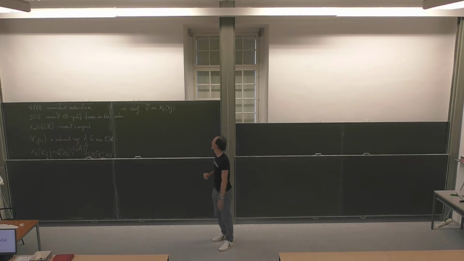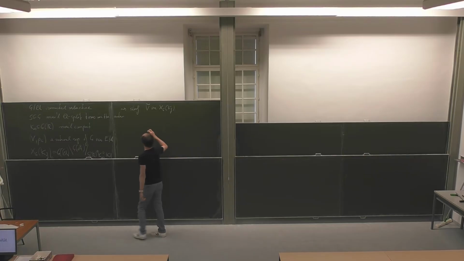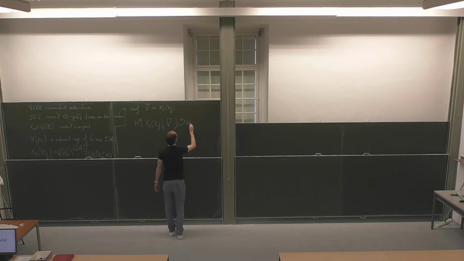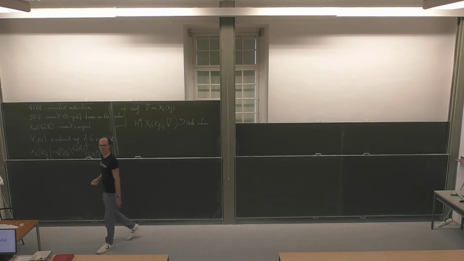And one reason is we are usually working with the cohomology of these spaces. That's why these sheaves are interesting, with coefficients in these sheaves. And of course, they have a Hecke action. And this Hecke action is related to the Hecke action on spaces of automorphic forms.